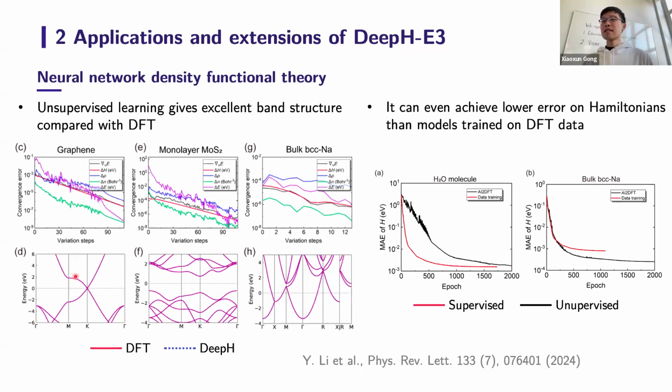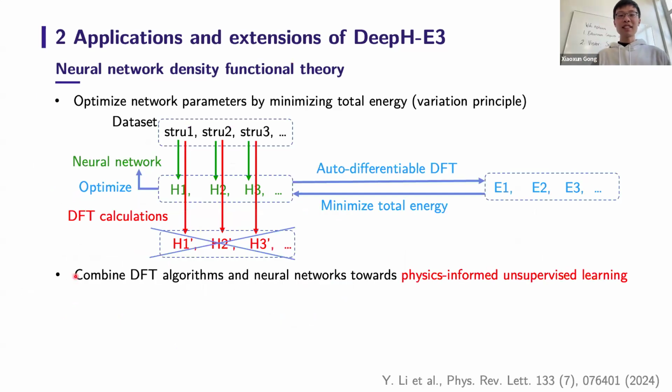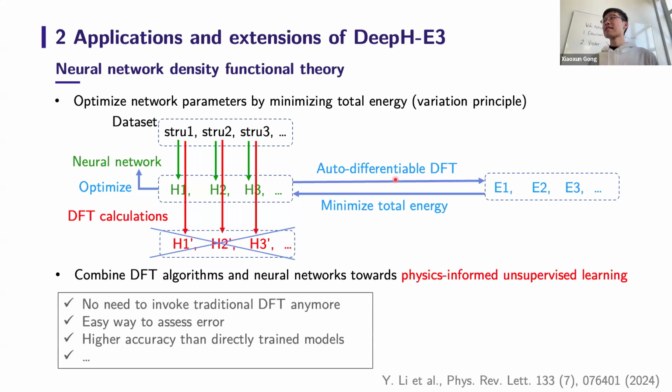For unsupervised, it's encoded in this auto-differentiable DFT. I'd have to read the paper, but it's not obvious to me that if you don't put PBE in there somewhere, you're not going to recover some other Hamiltonian. There's nothing special about the PBE Hamiltonian.